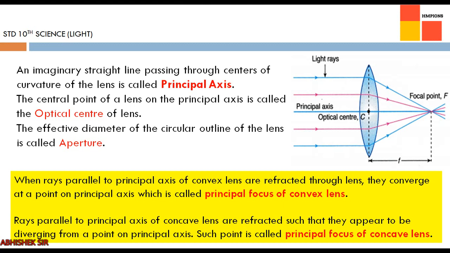Rays parallel to the principal axis of a concave lens are refracted such that they appear to be diverging from a point on the principal axis. That point is called the principal focus of the concave lens. Remember, a concave lens is a diverging lens, so rays will not actually meet, they only appear to meet at a point, and that point is called the principal focus of the concave lens.